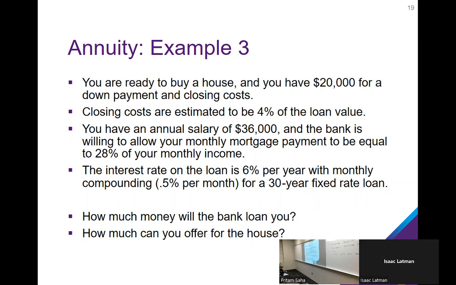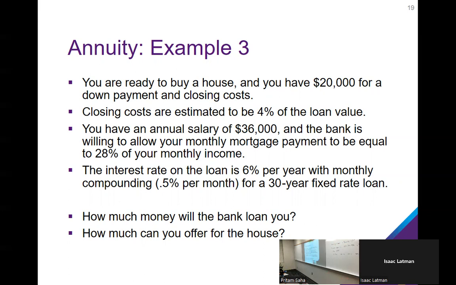How much did you get for present value? $140,000. Let's round it to 5.